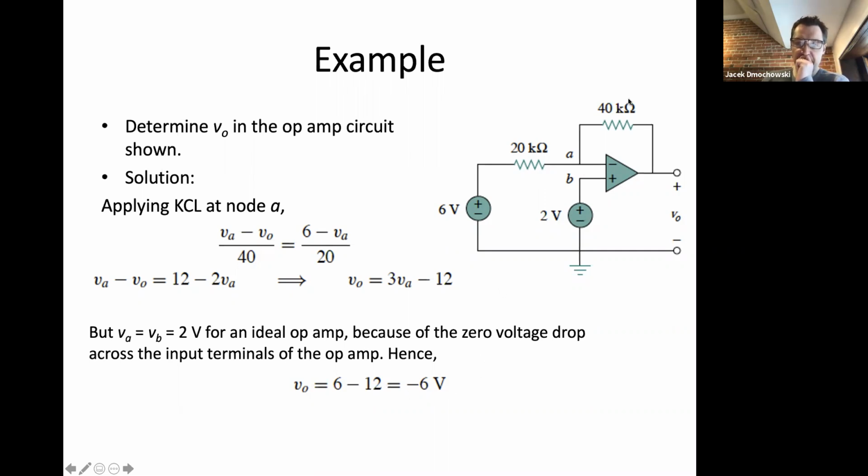So there's no way of looking at this op amp and using that formula for the gain from the previous slides, because that assumes that the positive input is grounded.